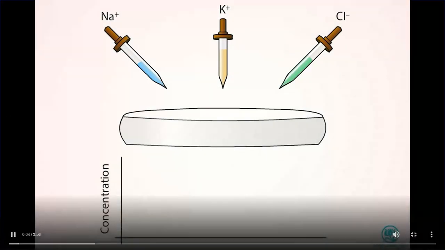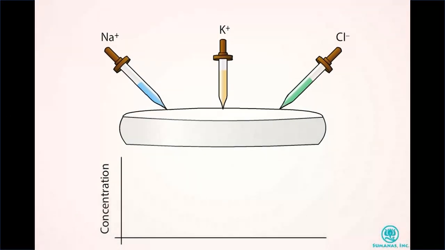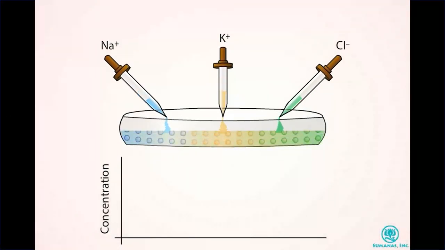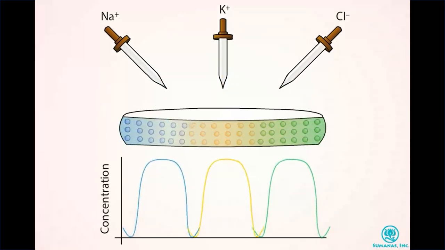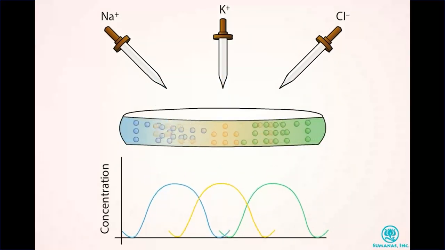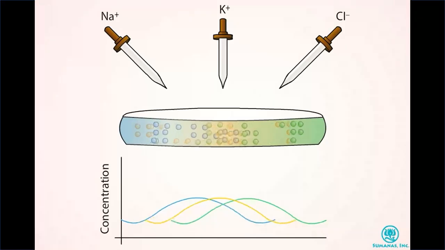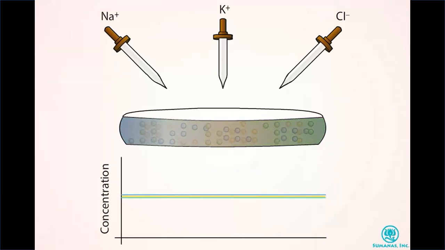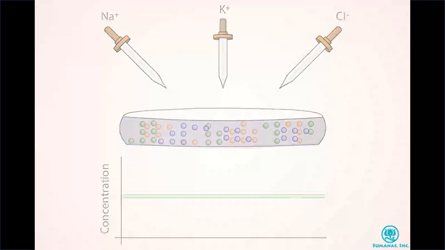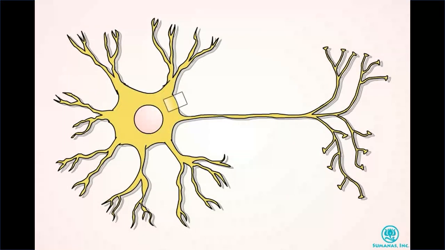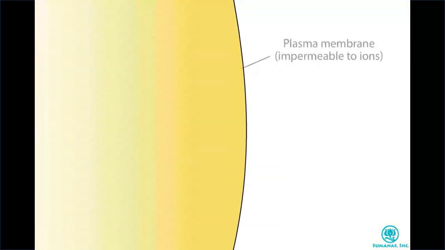When solutes such as ions are placed in a solution without physical barriers, they become evenly distributed throughout the solution by a process called diffusion, the random movement of particles toward a state of equilibrium. For the mixture shown here, equilibrium is reached when the concentration of each ion is evenly distributed throughout the solution. Neurons, like all living cells, are surrounded by a plasma membrane that is impermeable to ions.